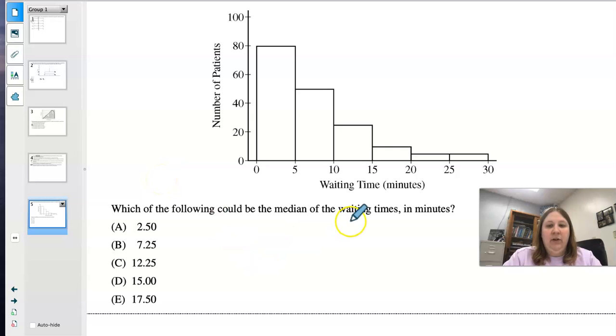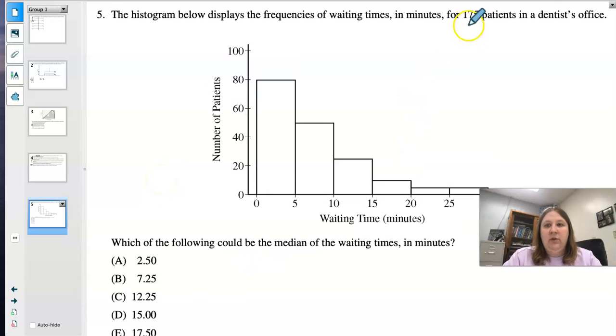Okay, and the last one here, we're looking at the median of wait time. I'm looking to see that there are 175 patients total. So I would want to think about what's half of 175, because that's where the median would be. When I look at this first bar, the height is 80. If I think about moving from left to right, I've got 80 observations.